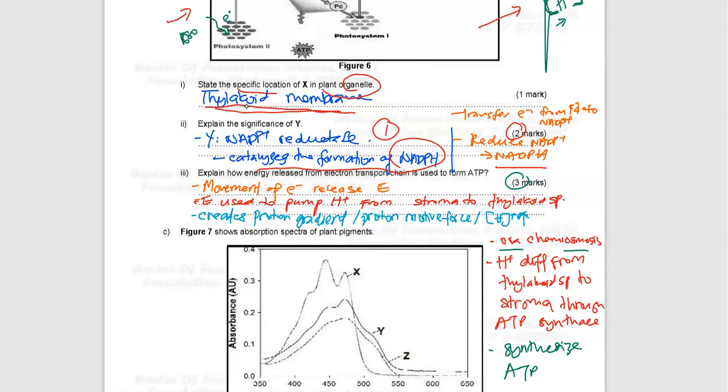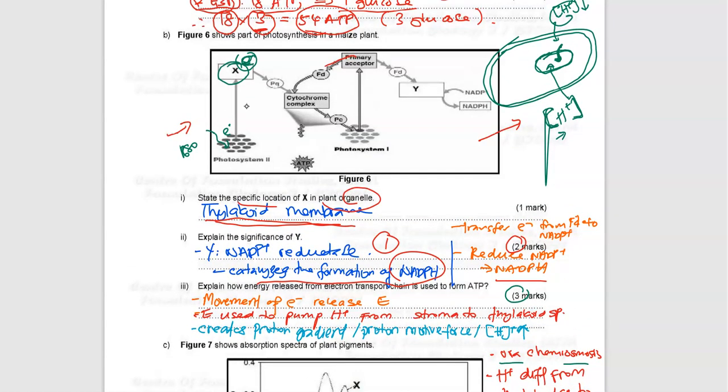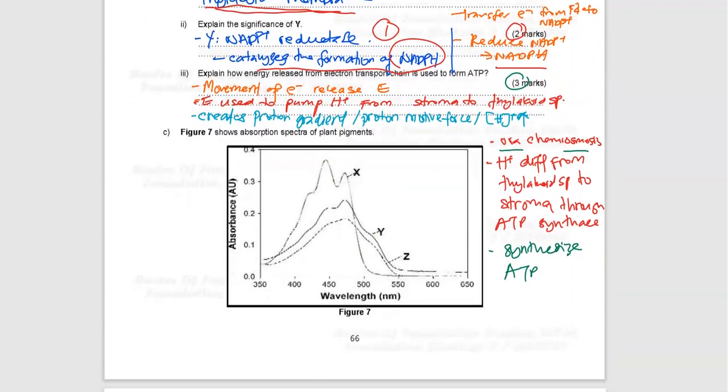to synthesize ATP. So when you have a high concentration of hydrogen ion in the thylakoid space, the hydrogen ion will diffuse back through the stroma using ATP synthase, and the ATP synthase will use the proton motive force to synthesize ATP molecule from ADP and also inorganic phosphate.